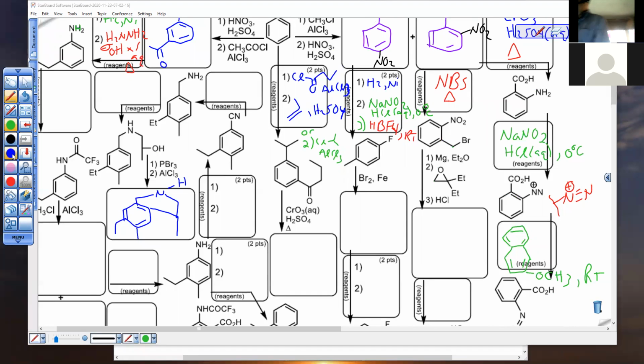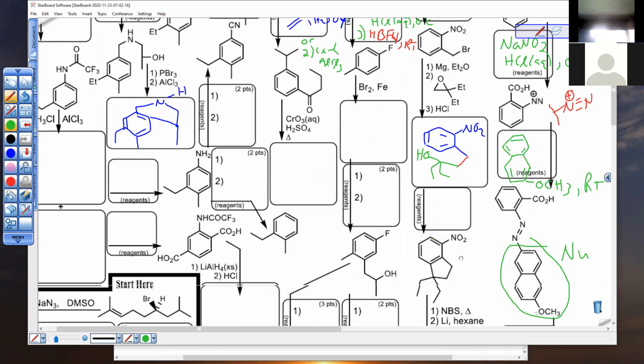So without further ado, NO2, CH2 with an exciting new bond to a CH2 carbon that has a diethyl here and an OH. And I bet we're closing up a ring down here.